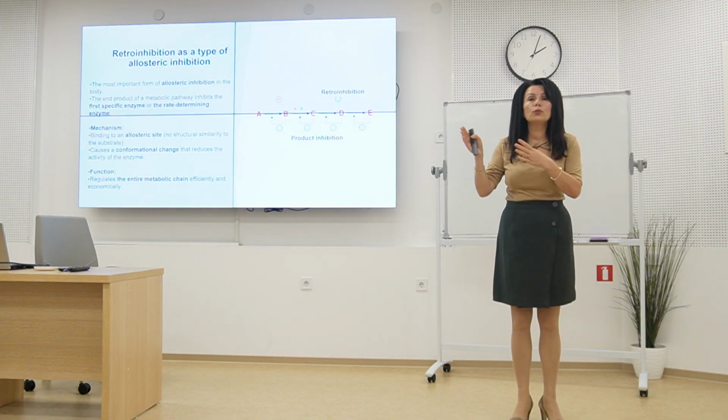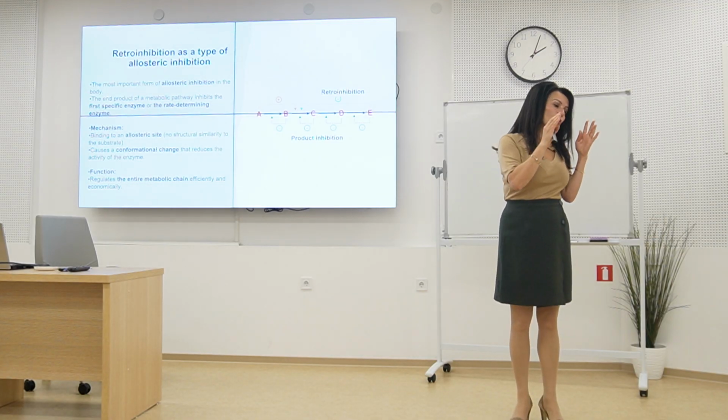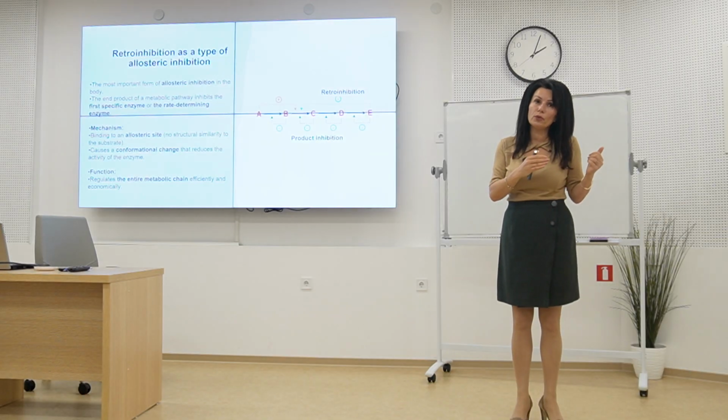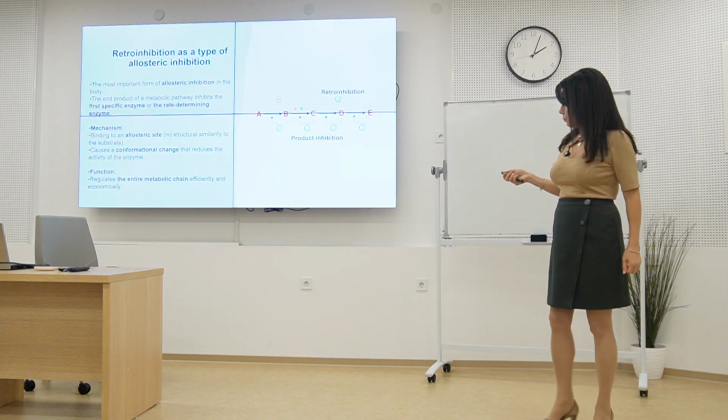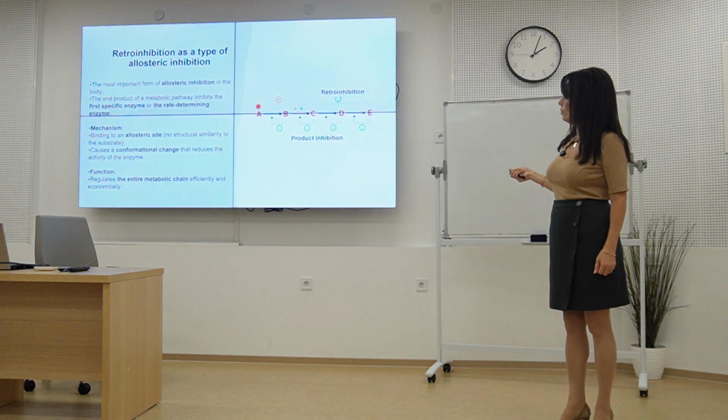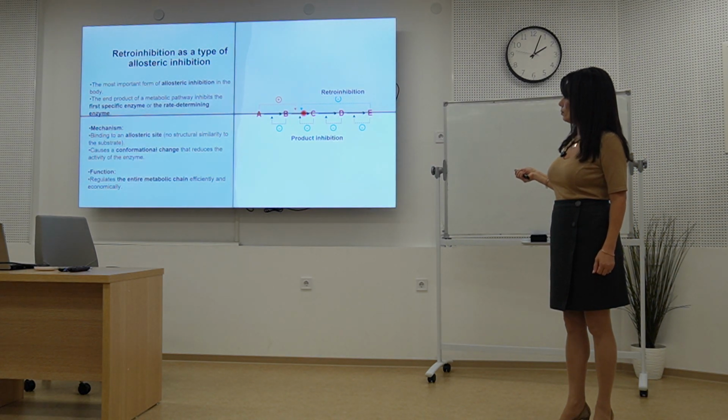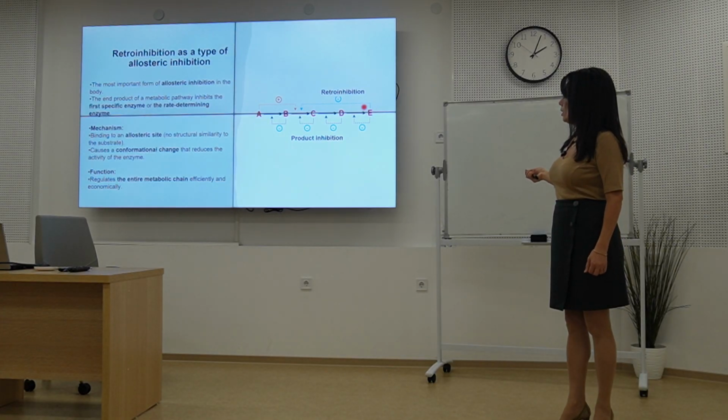That's why the name is product inhibition. The most important allosteric activator of the reaction is the substrate of the reaction. That's why here it is written A activates the main enzyme, because this is the substrate of all this pathway. E is the final product, which inhibits the main enzyme.